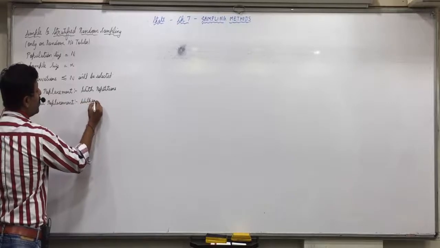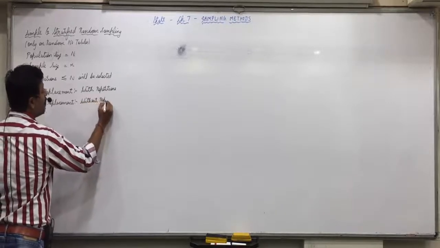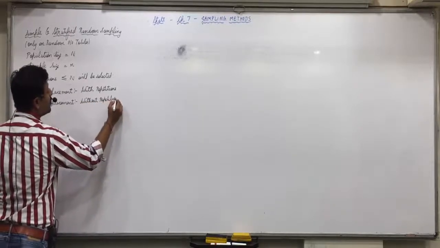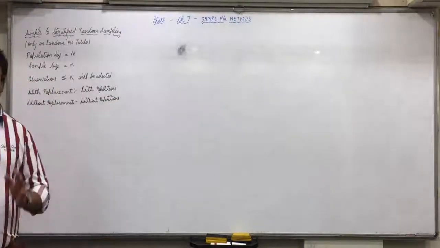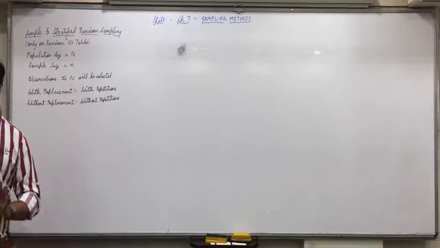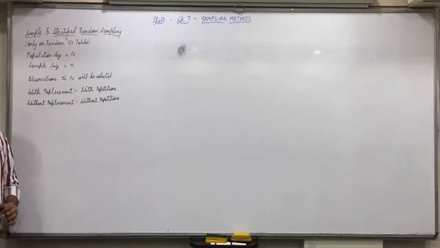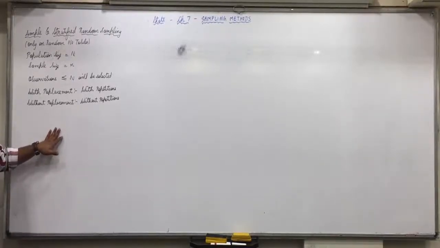Without replacement means without repetition. Same number cannot appear two times if it is without replacement. Same number can come two times if it is with replacement. Any confusions? Further, yes, who is having any doubt? All are clear up till here?